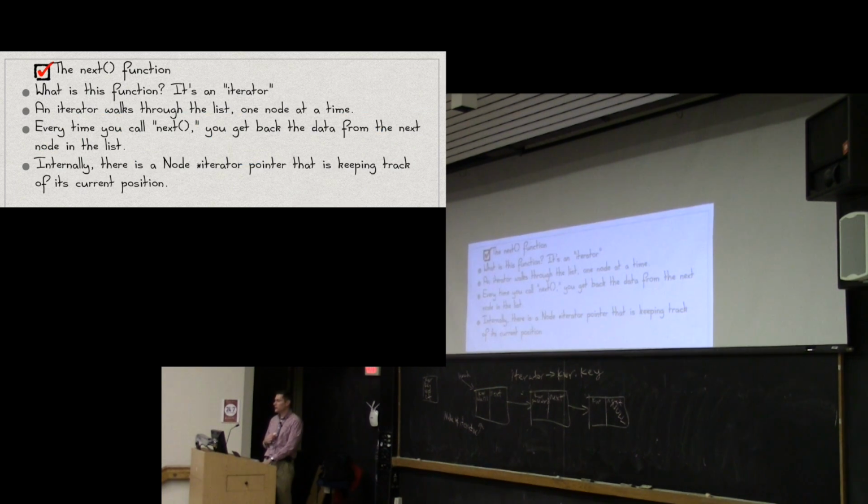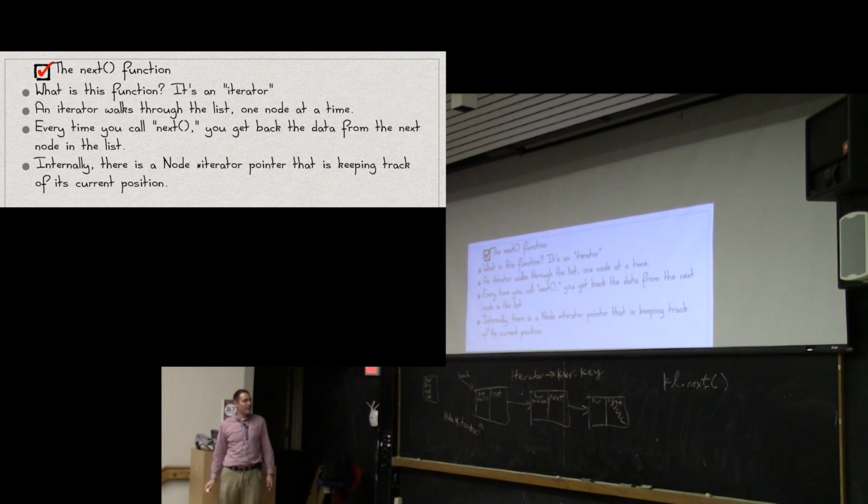Let's talk about this weird next function. If I have my linked list, let's call it my key list, we'll call it KL. If I say keylist.next, that means give me the next key with result from the list.